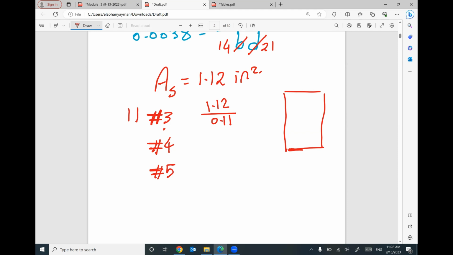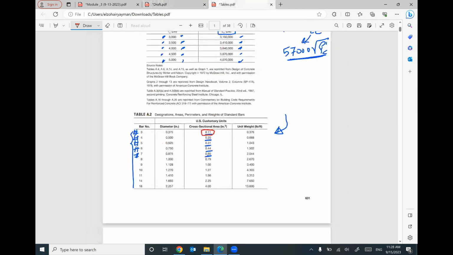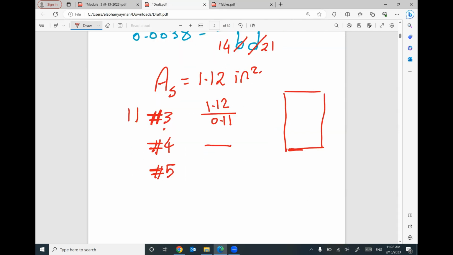If you try number 4, what is the area for rebar number 4? It's 0.2. So if you divide 1.12, the required area steel, by 0.2, looks like I will need 6 rebars number 4.